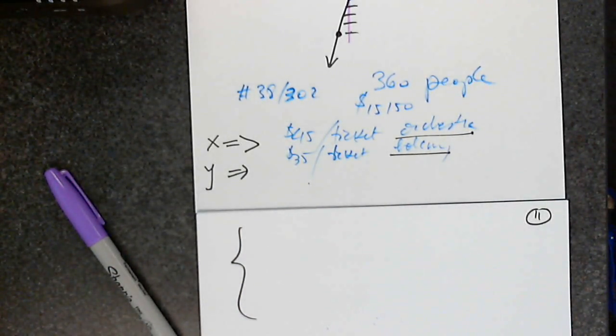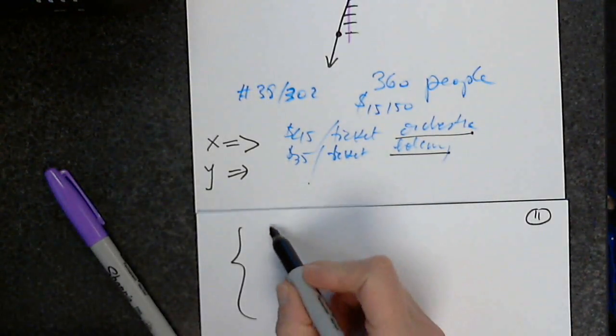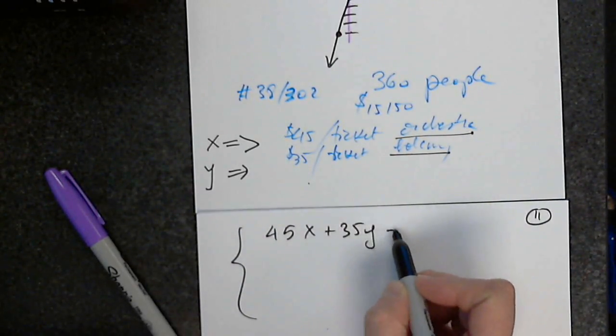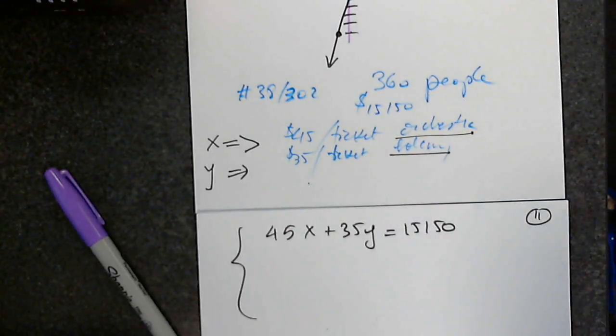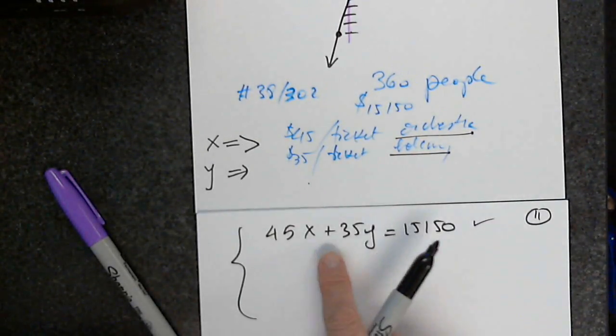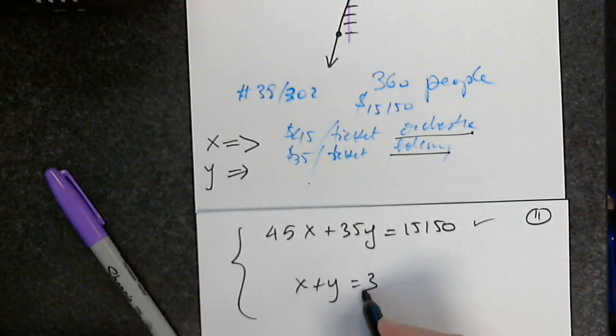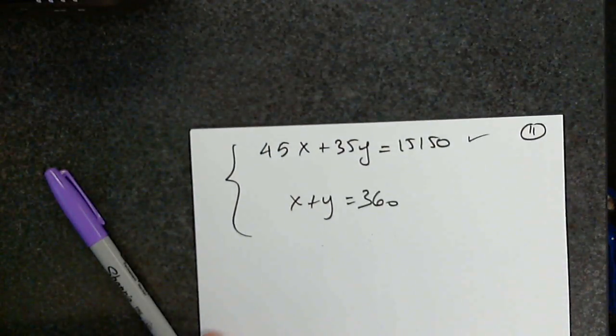So I'm ready when you are ready. 45x plus 35y equals 15,150. Perfect. That's about money. Money plus money equals money. And now we have the people, right? Yes, x plus y equals 360.